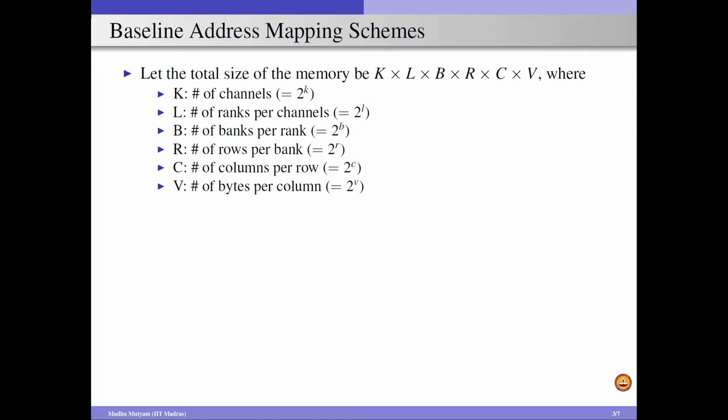Effectively, the overall size of the memory is the product of K, L, B, R, C and V bytes. And we also assume that K is equal to 2 power small k, L is equal to 2 power small l, B equal to 2 power small b, and so on.